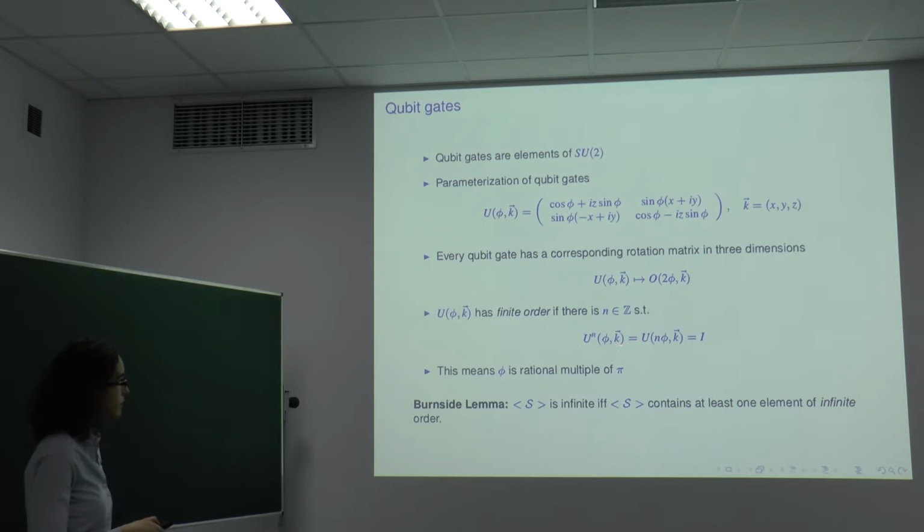Equivalently, we can write this like this. So this means that the spectral angle phi must be a rational multiple of pi, because otherwise U has infinite order.